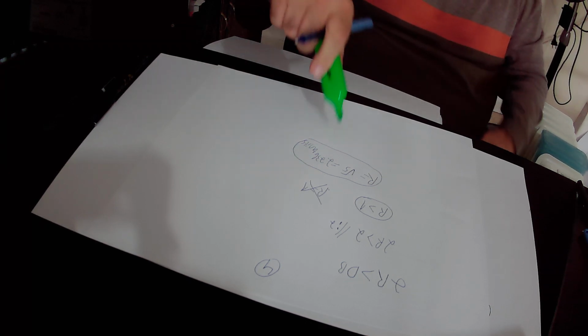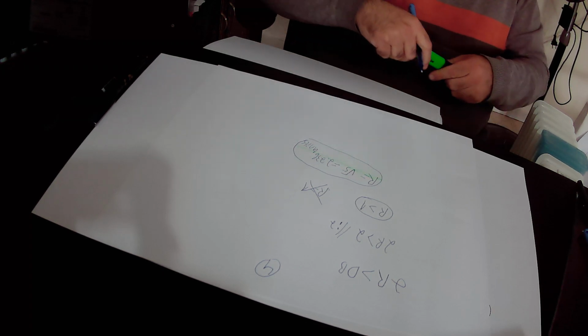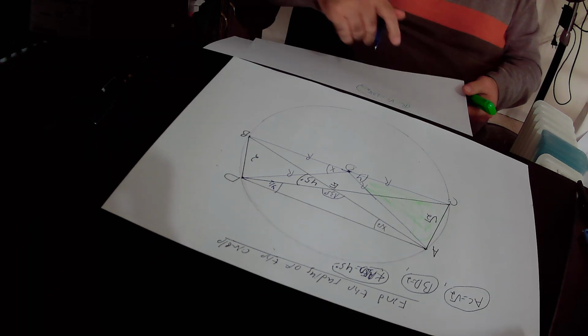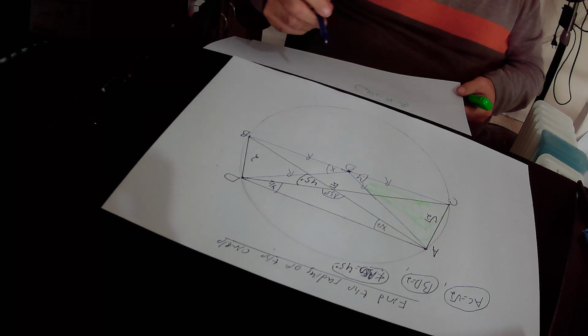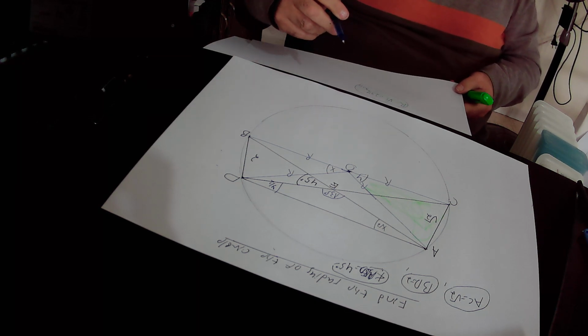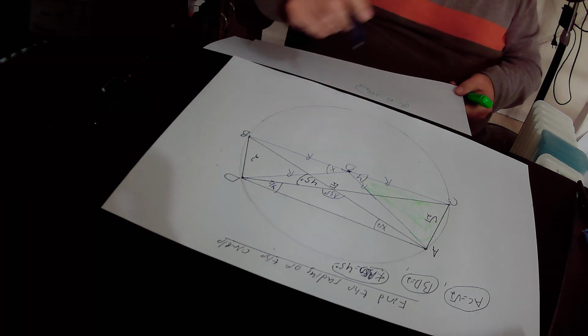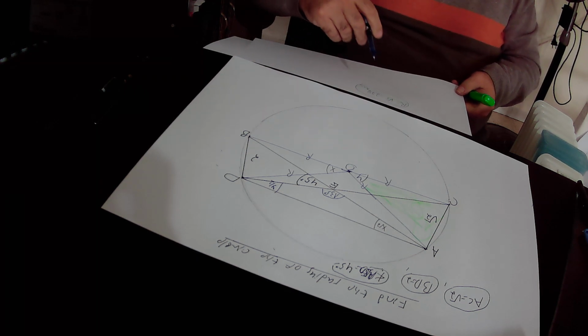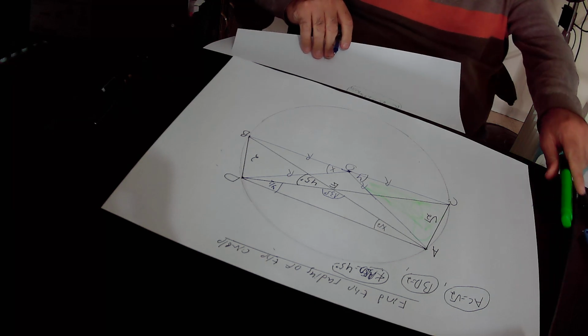So we found out that the radius of this circle, capital R, equals square root of 5 units in its length. In the next step, I will summarize the lecture.